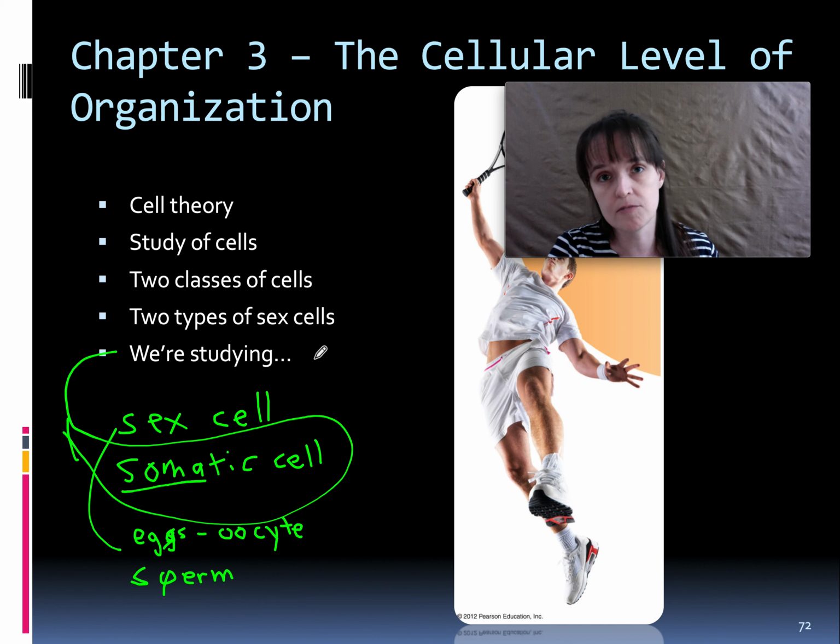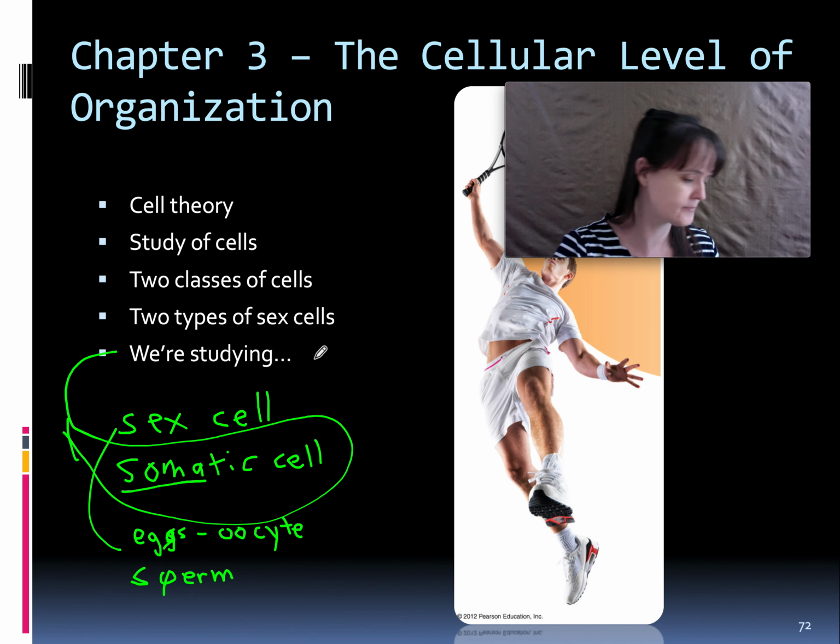It's literally every cell of your body that's neither an egg cell nor a sperm cell. So the cells that grow your hair, your skin cells, your liver cells, your bone cells, your pancreas cells, your heart cells, your blood vessel wall cells, your blood cells, literally all of the cells in your body that are neither an egg nor a sperm.